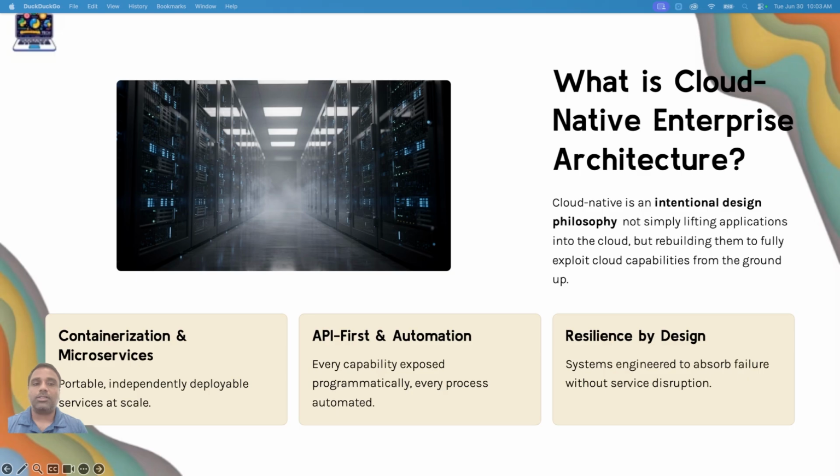Every process is automated. No manual gates, no undocumented tribal knowledge. The third and final one is resiliency by design. Systems are designed to absorb failure without service disruption, because in distributed systems, failure is not an exception. It's the norm. You design for it.